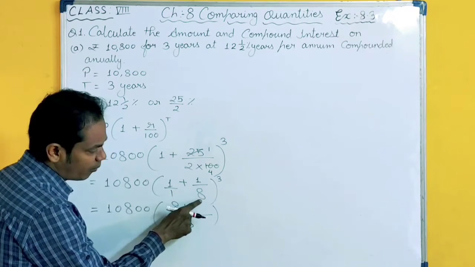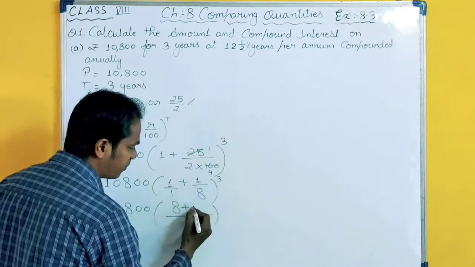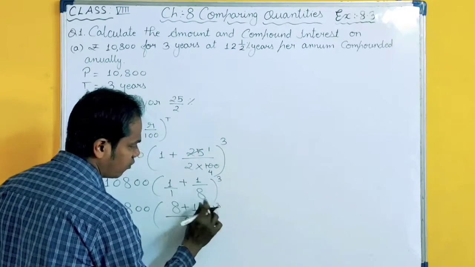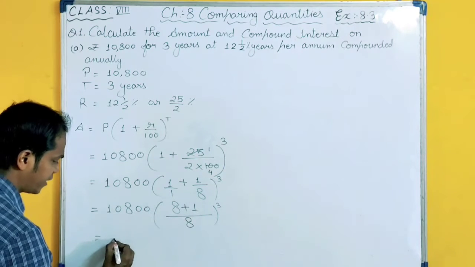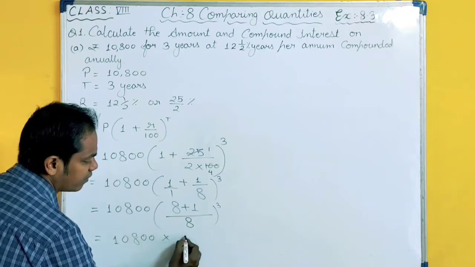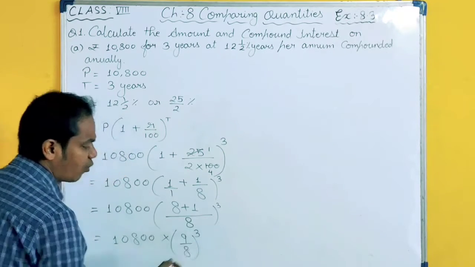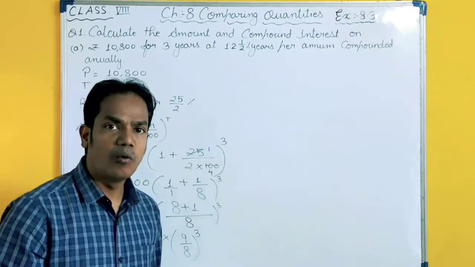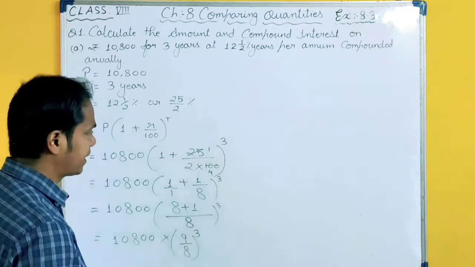Plus, how many times does your LCM 8 come in 8? 8 ones are 8, so 1 multiplied by 1 is 1. So 8 plus 1, 9 upon 8. So I am writing here 10,800 multiplied by 9 upon 8 whole power 3. Whole power 3 means this 9 upon 8 you have to multiply 3 times.